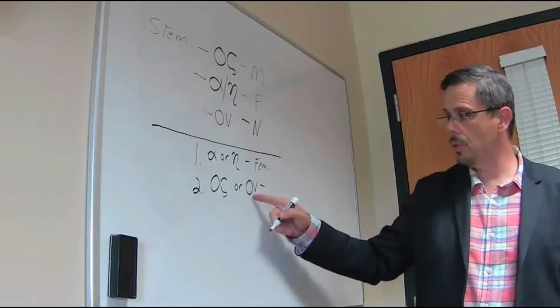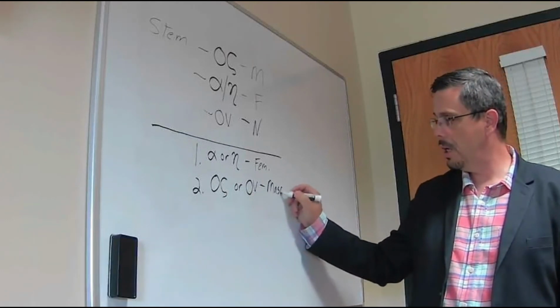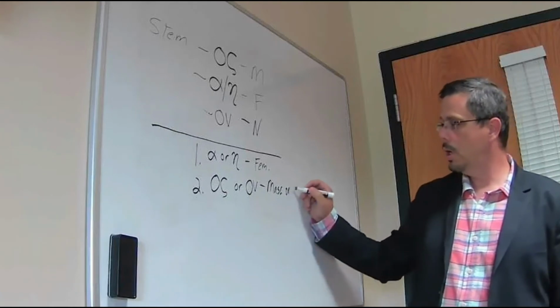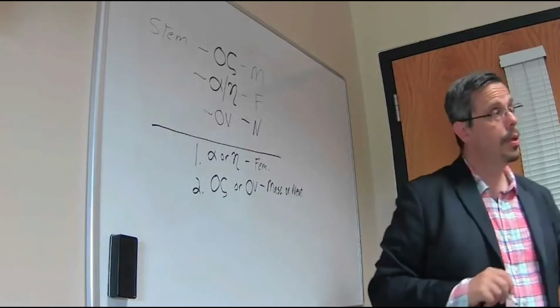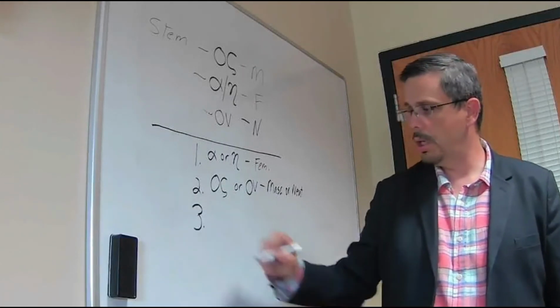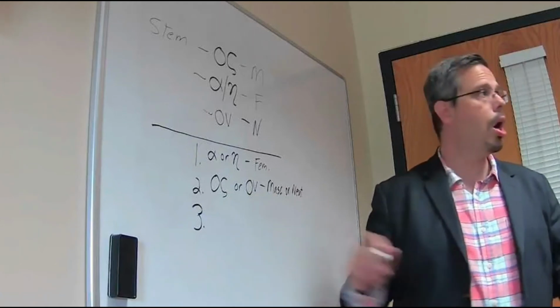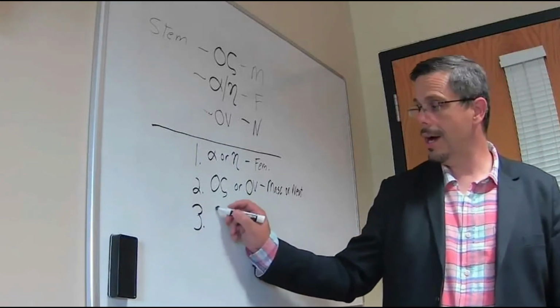They end in os or on, and these are generally masculine or neuter. Right. Now, we have a third declension. So third declension are when the stems end in a consonant.